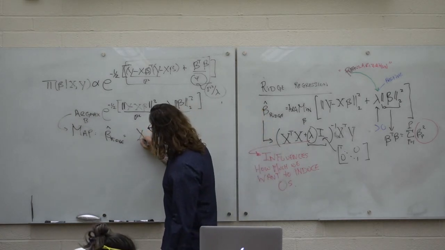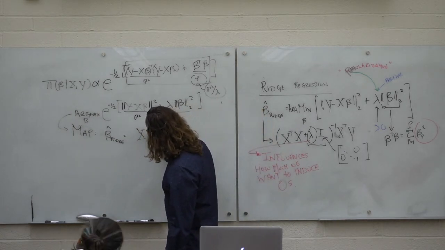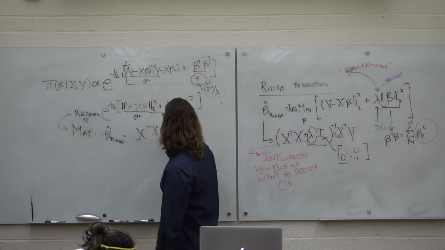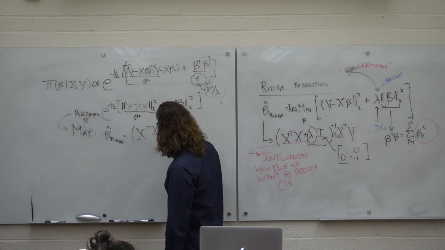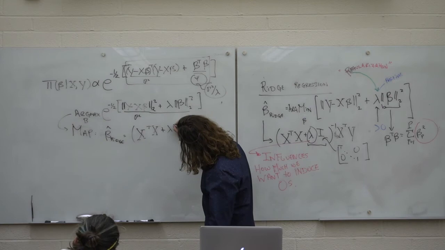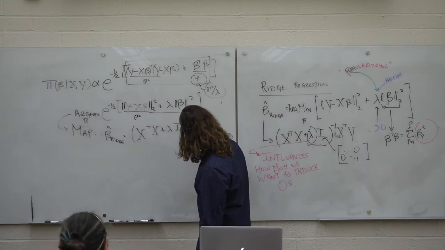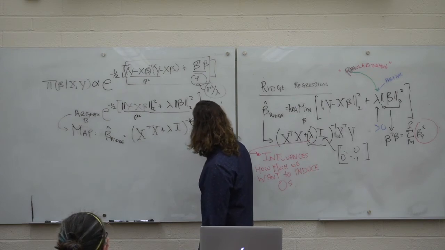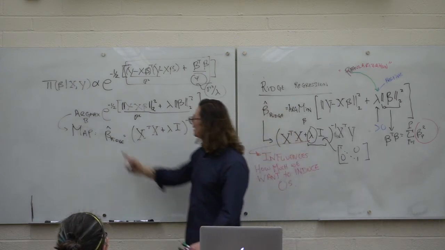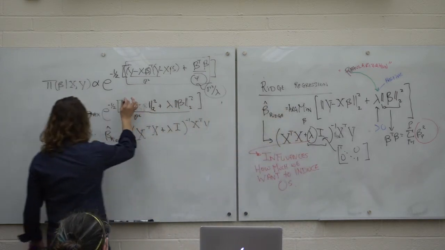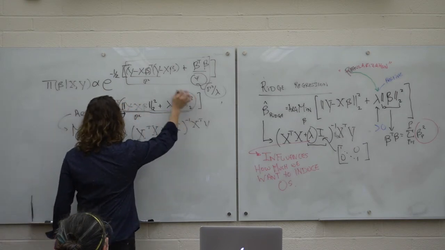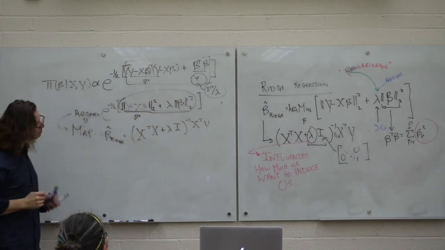So I'll just write it down again. X transpose X plus lambda times the identity, inverse, X transpose Y. And so maximizing this thing is equivalent to minimizing that argument.